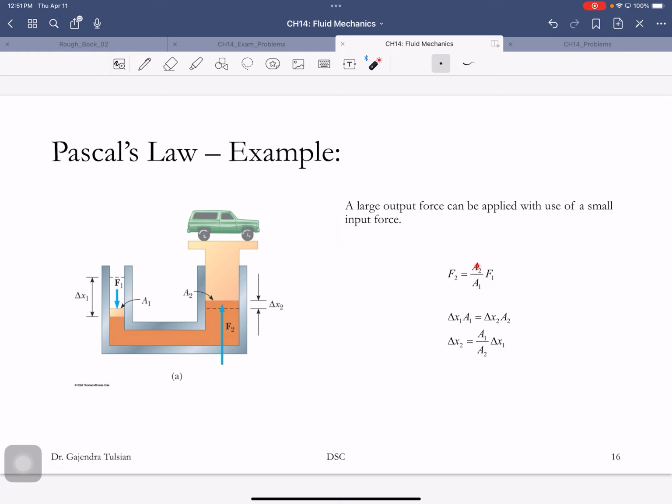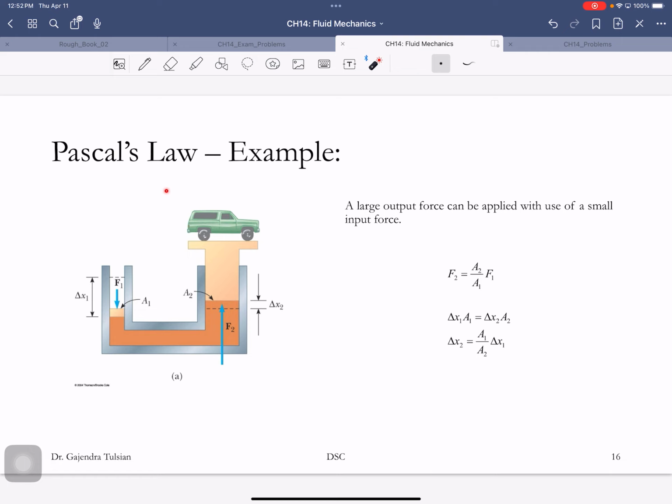If this area is 100 times larger than this area, this device becomes a force multiplier. The output force is 100 times greater than the input force. And 100 times is fairly easy to do. You increase the radius by a factor of 10. So the input pipe is like that, and the output pipe is like that. So that's easy to do.